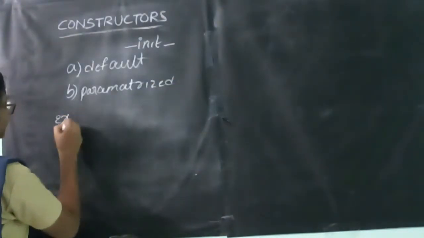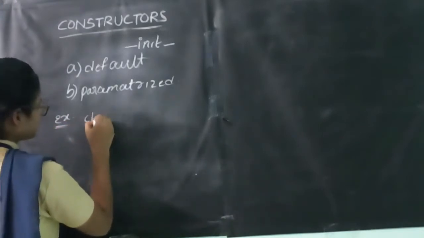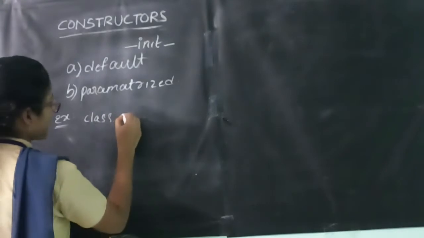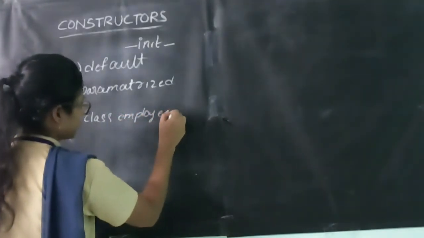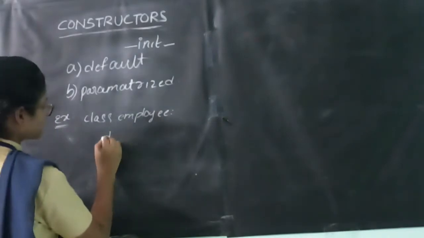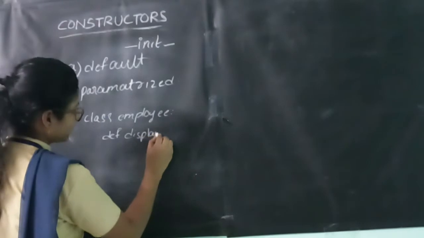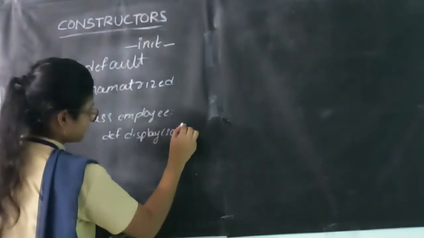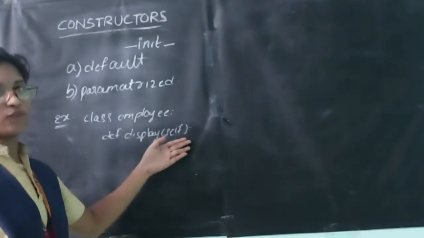Here I am going to give the example of the default constructor. I am taking my class name as Employee, and I am defining a function, def display of self. See, here I didn't use any type of parameter.